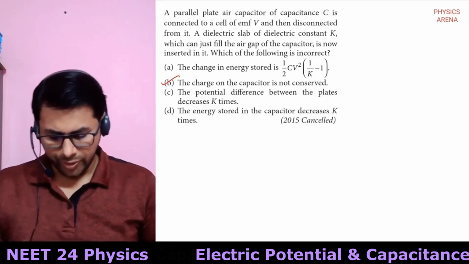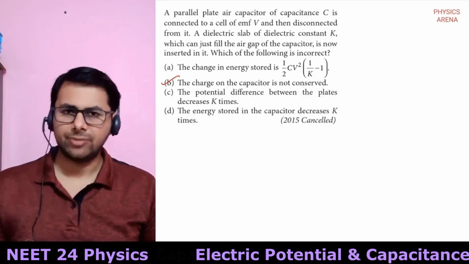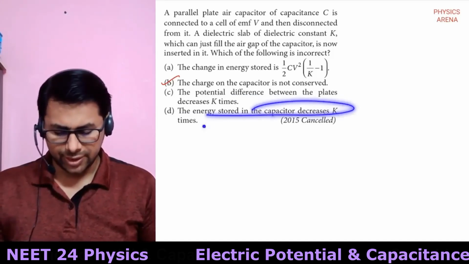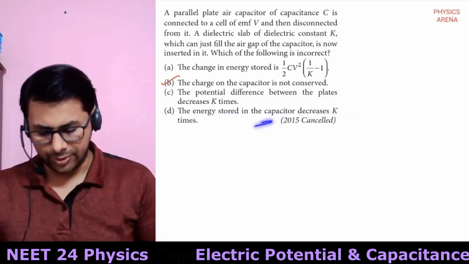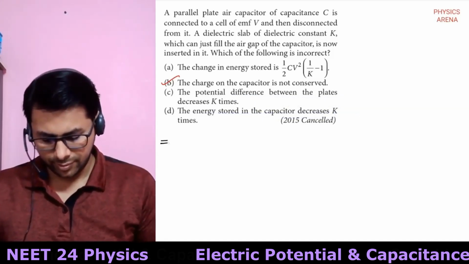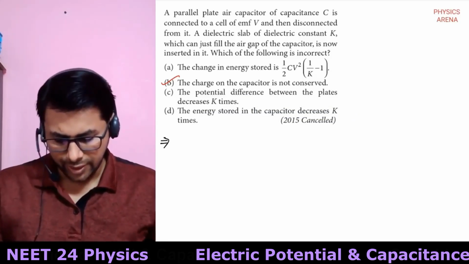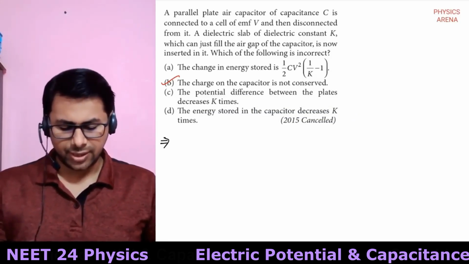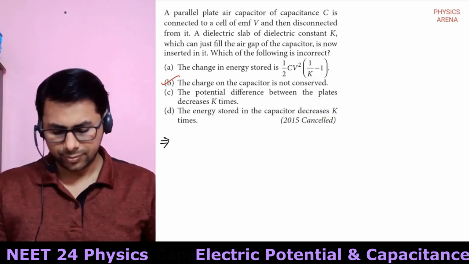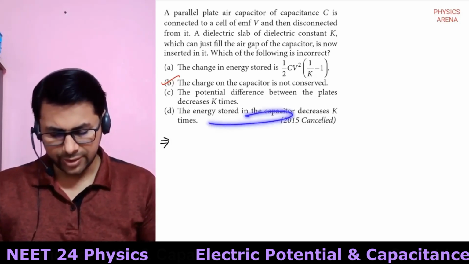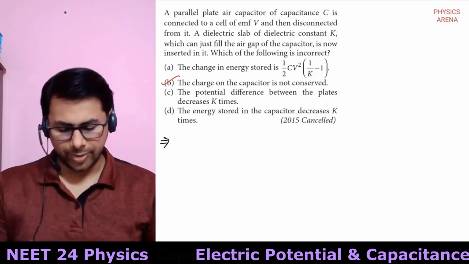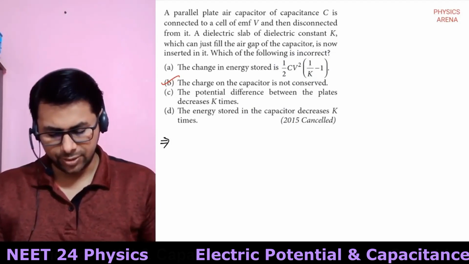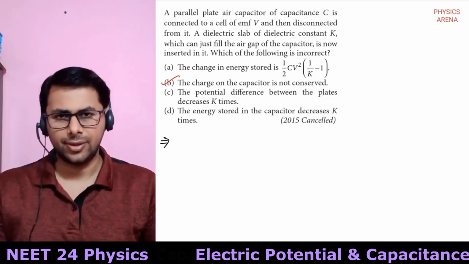Okay. Potential difference decreases K times, we have discussed. Energy stored decreases K times, this can be found out. And change in energy stored is half of CV square (1 by K minus 1). So if we find this, it will be proved, because they say that energy stored decreases K times.